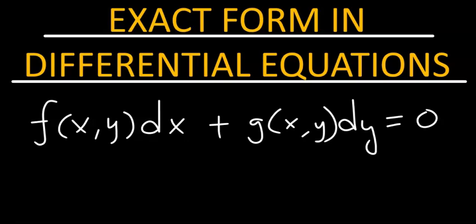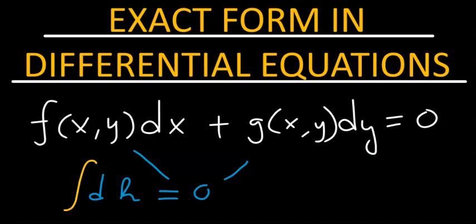Exact form means being able to write this equation in the following form: dh, let's say another function, call it h, which is also a function of x and y, equals 0. This is readily integrable, so when you integrate this, the answer is quite simply h equals a constant, let's call it c.